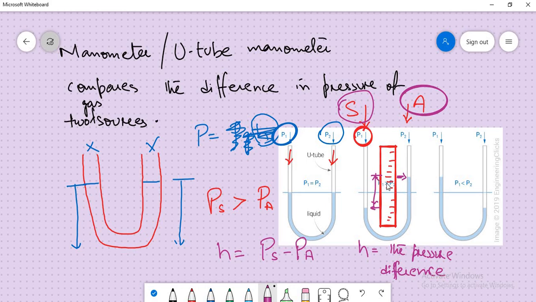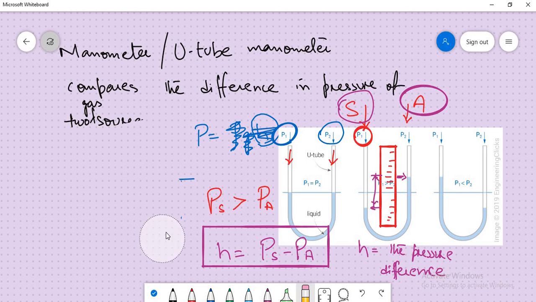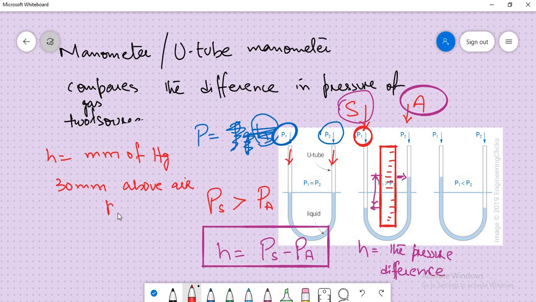The difference in height tells you how much greater the gas pressure of source S is than the air pressure. We are not seeing how much it is, but how much greater it is. And again, like a barometer, this pressure can be told in two ways. h can be in millimeters of mercury, Hg, and we can say that the pressure of source S is like 30 mm above air pressure, or above anything else if some other source had been applied here.